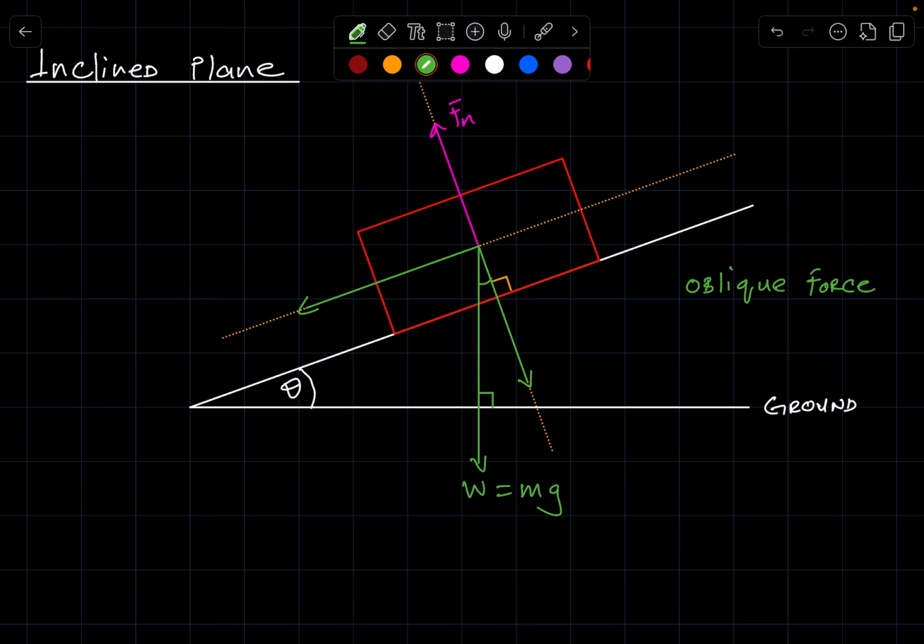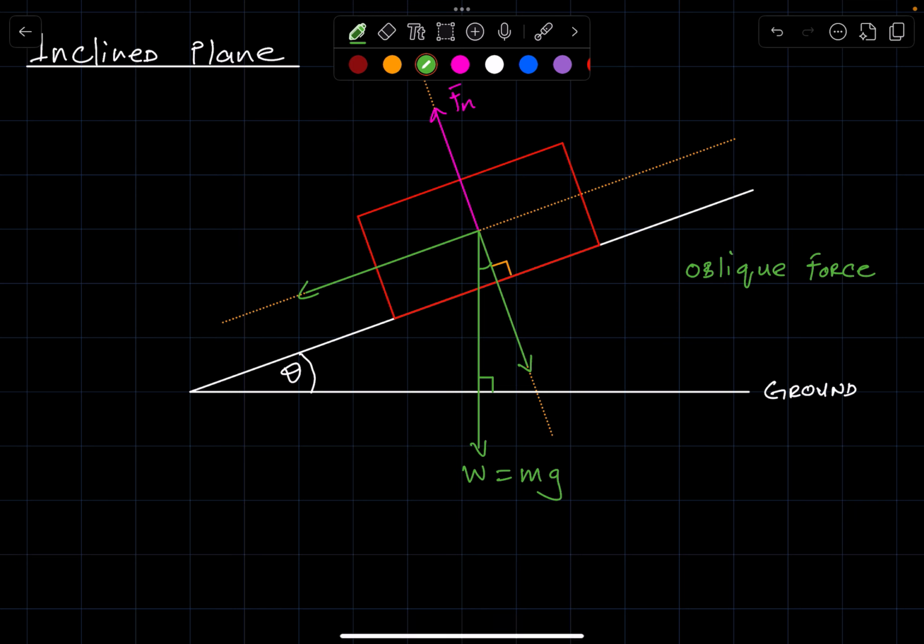So this one is perpendicular to the plane, and this one is parallel to the plane.